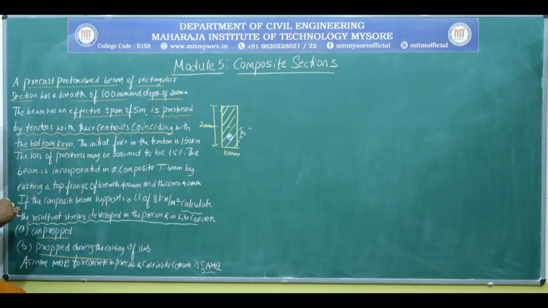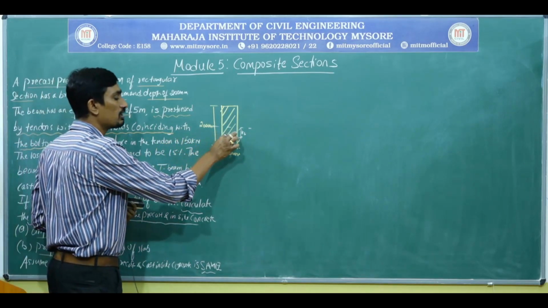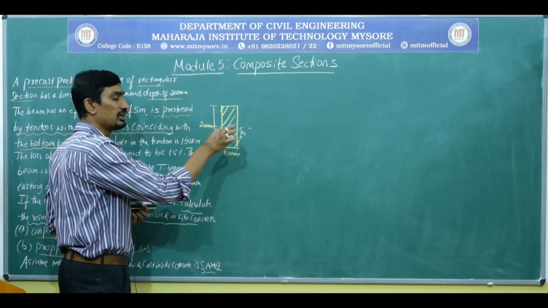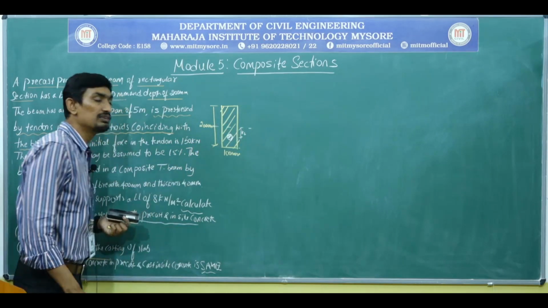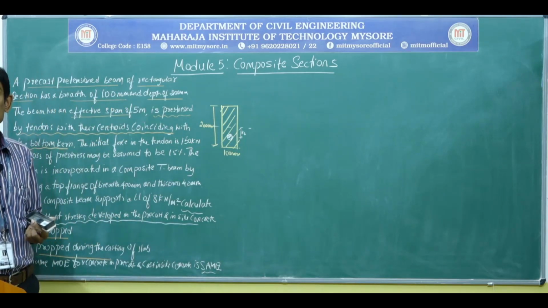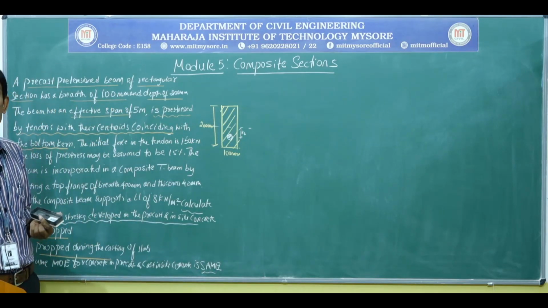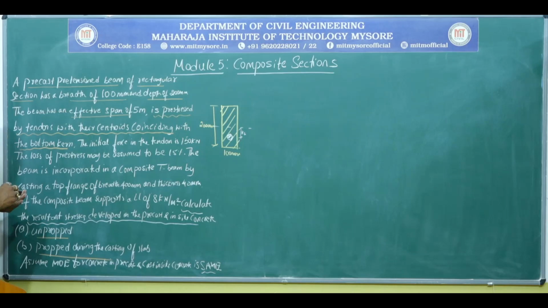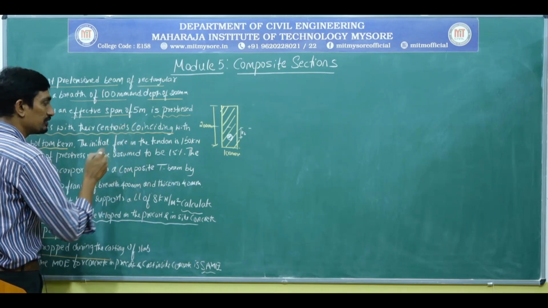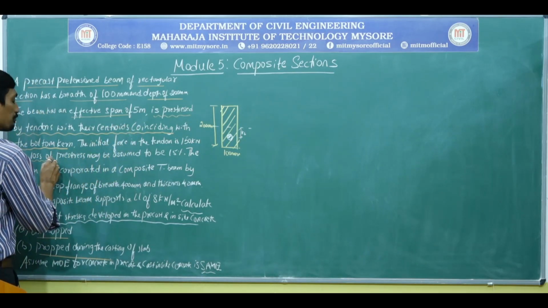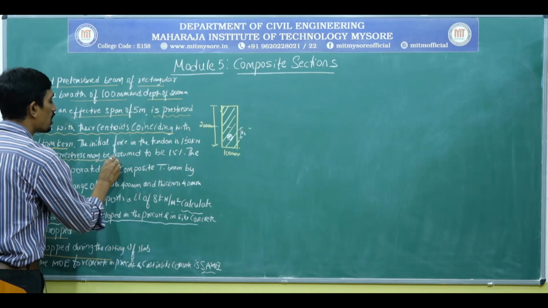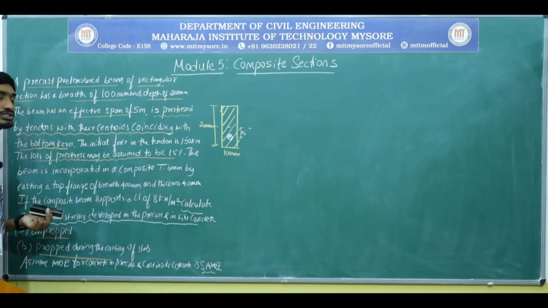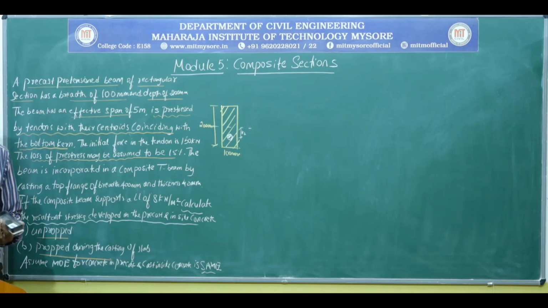Next, the initial force in the tendon is 150 kilonewton. That means I am going to pre-stress the tendons with a pre-stressing force of 150 kilonewton. A very important point to note: after pre-stressing with a force of 150 kilonewton, the precast pre-stressed beam has undergone certain losses, which I am going to assume to be 15%.